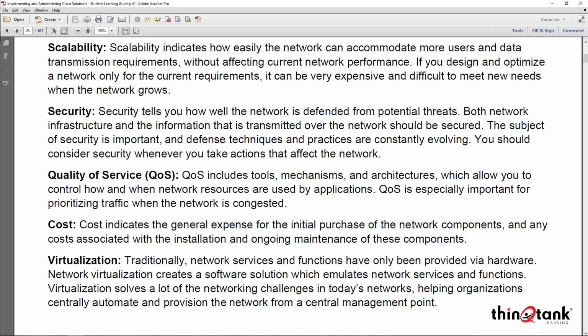But here's the thing about scalability. And we're actually going to learn this. Unfortunately, they took out EIGRP, but we still have OSPF to deal with. OSPF, Open Shortest Path First, is a routing protocol that we use inside of our network. You can implement OSPF in a flat, simple architecture.